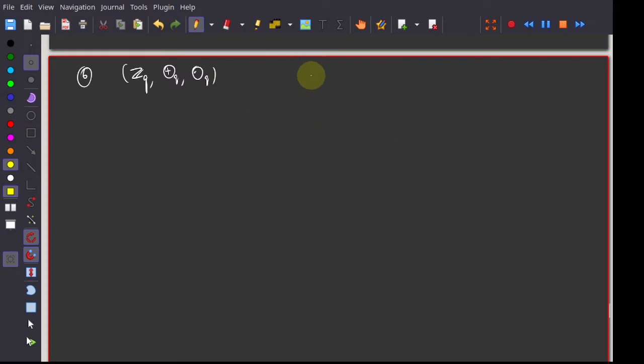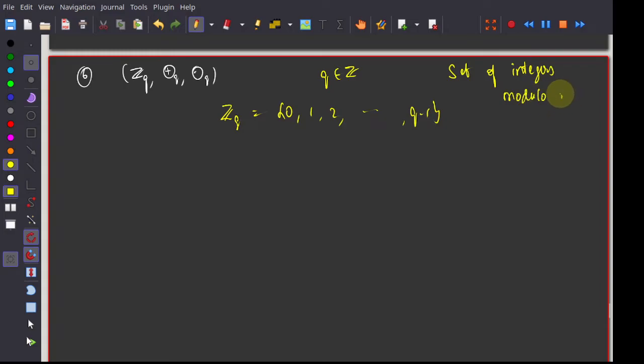So for any q which is an integer, Z_q is basically the set 0, 1, 2, 3, up to q minus 1.